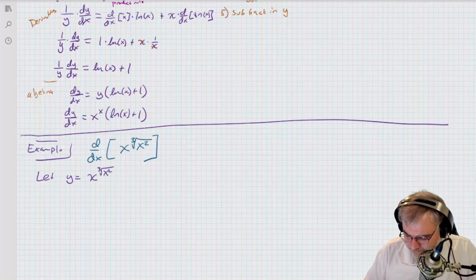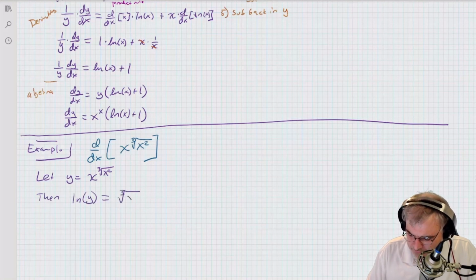Let y equal x to the psychotic thing that's on top. Okay, then ln of y equals the cube root of x squared times the natural log of x.